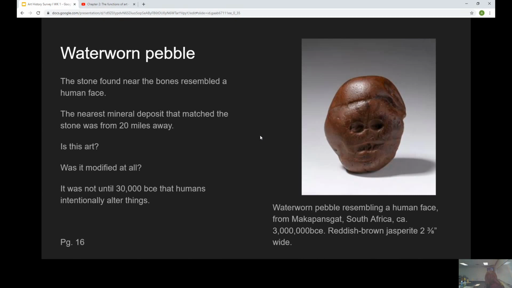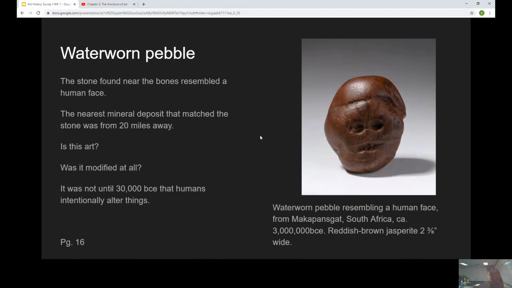So this was a stone that was found near bones, like the bones you just saw. And you might notice that on this stone, there are indentations that kind of look like a face. This stone was from about 20 miles away in a riverbed. That's where the mineral deposits for the original stone were.